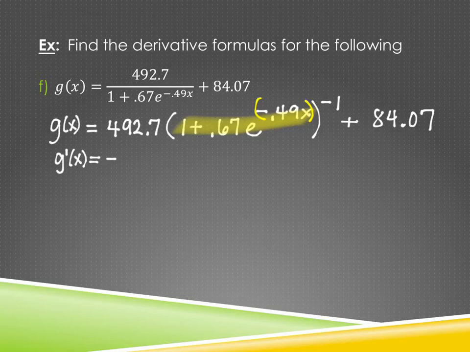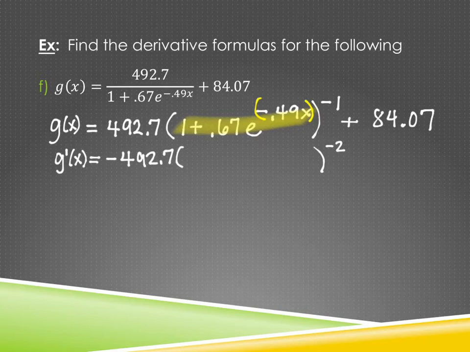The negative is going to come down, so I have negative 492.7. What's my new power? Previous power is negative 1, so negative 2, 1 less. And what's the derivative of the 84.07? 0. So I don't have any other piece out there with it.